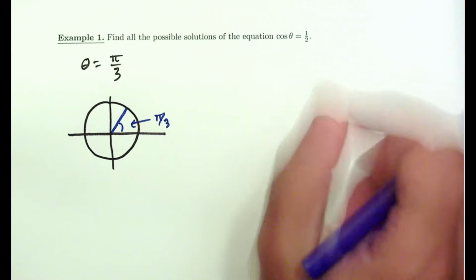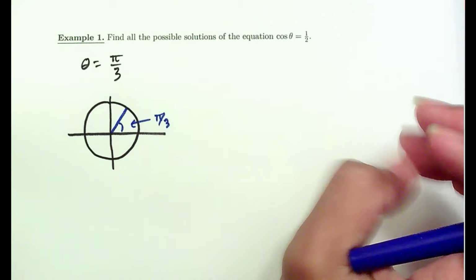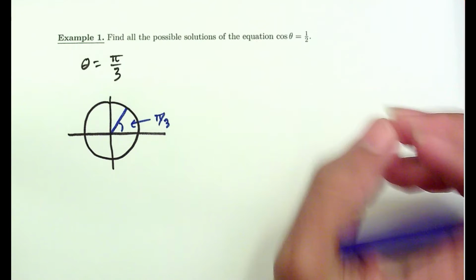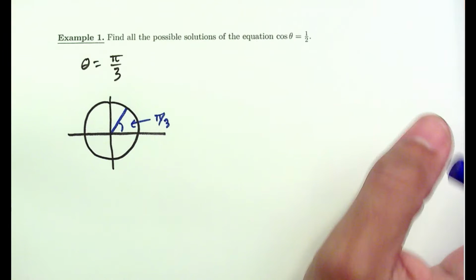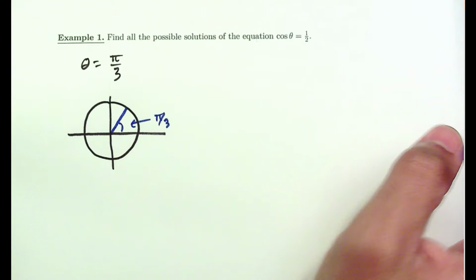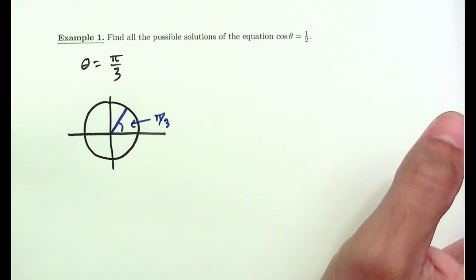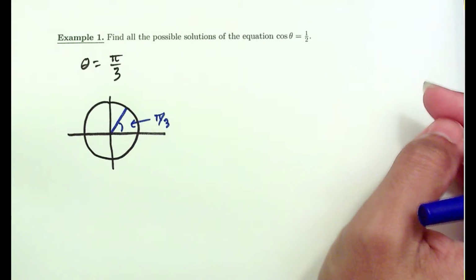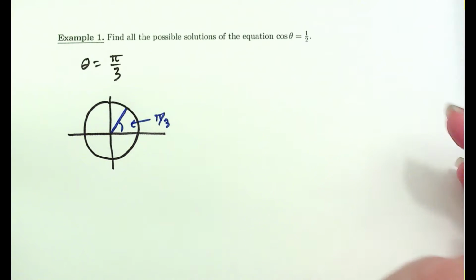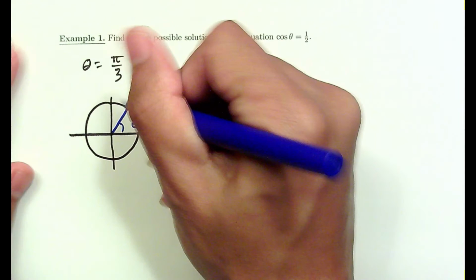Well, cosine, if you remember, is associated to the x coordinate. So the question could be rephrased as what is another point on the unit circle that has the same x coordinate? Okay, the same x coordinate.